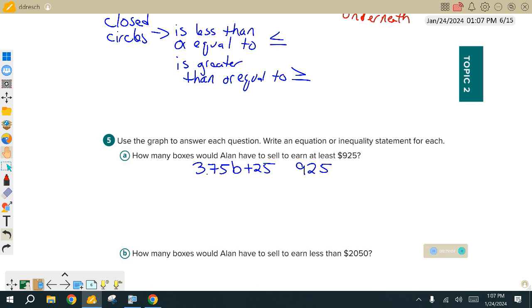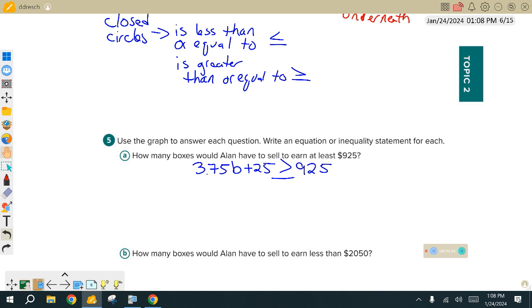You've got to know your vocabulary. When we say the word at least, which type of inequality symbol does that go with? A greater than symbol or a less than symbol? I hear that word at least, and I think at least maybe goes with less than. It's actually going to go with greater than or equal to.